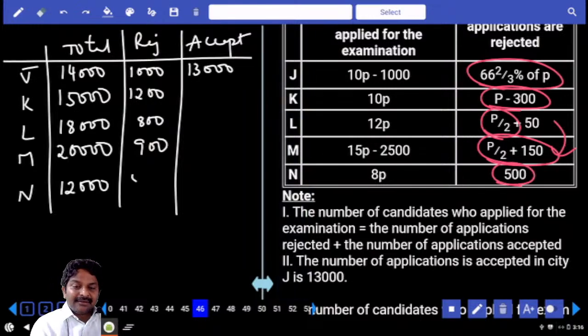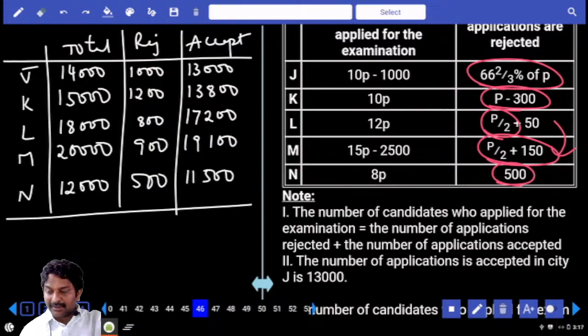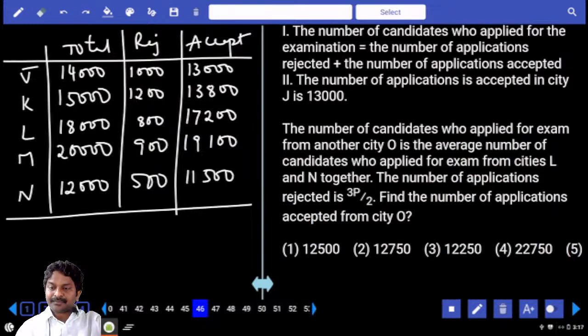This is 500. Accepted we can write: 13,800. It's just the difference. 17,200. 19,100. 11,500. Right. Now we can start.